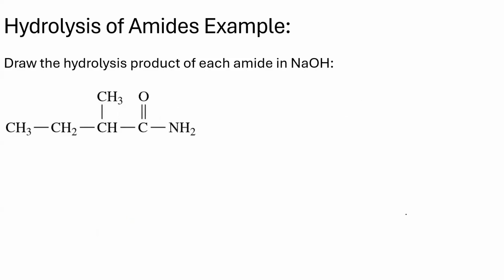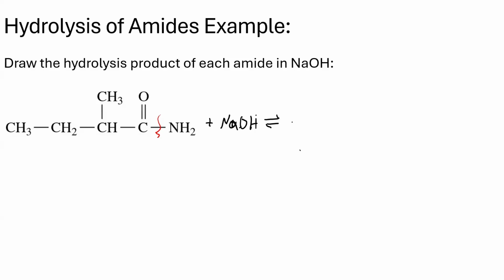If we draw hydrolysis of amides in base, we're still breaking this carbon-nitrogen single bond, but because we're adding base NaOH, we're going to form our carboxylate salt, right? And that looked like this.